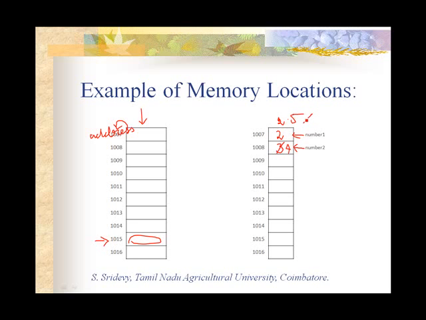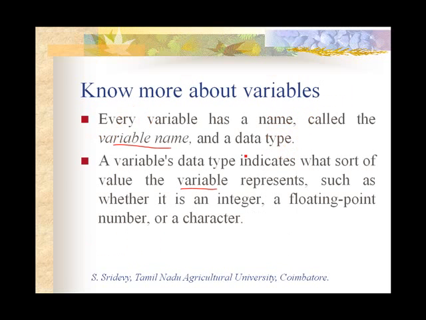It is not possible because it has been declared only to save an integer value, not a floating point value. That's why we say the variable's data type indicates what sort of value the variable represents. So each variable has a variable name and a data type associated with it.